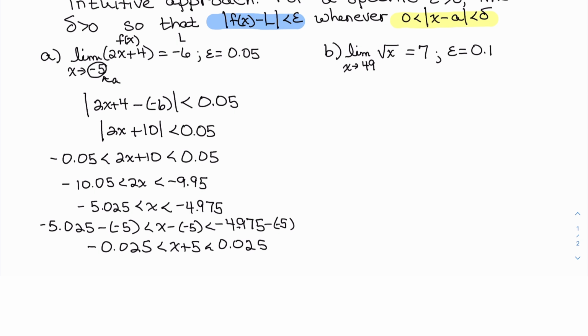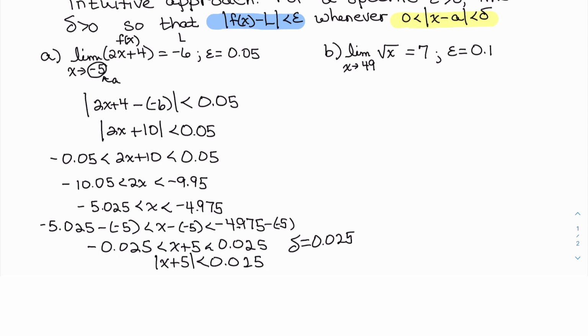So I can write this as the absolute value of x plus 5 is less than 0.025. And now I have that matching that yellow highlighted part, and the value that's on the right of the inequality is your delta. So delta is equal to 0.025.